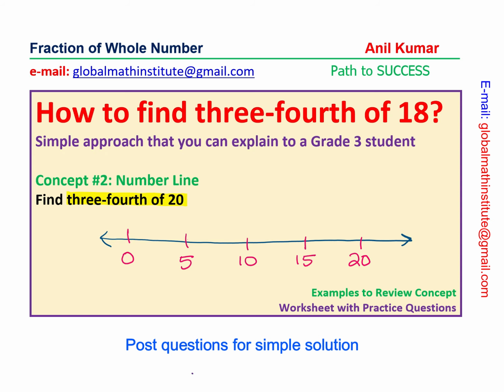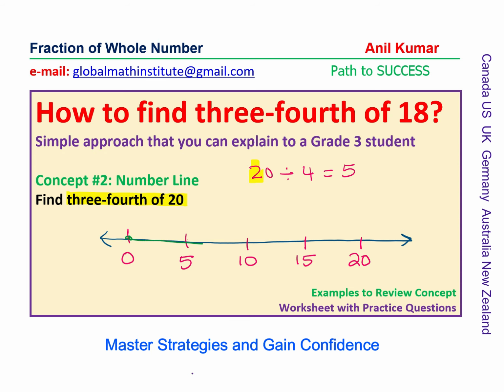Okay, great. So 3/4 of 20 is what? 20 divided by 4 gave us 5 actually. So that is what I meant, right? So we took a scale that keeps counting by 5. It helps. So as you can see, the whole is from 0 to 20, correct? Now we'll take 3 steps only. So we'll take 1, 2, 3 out of 4.